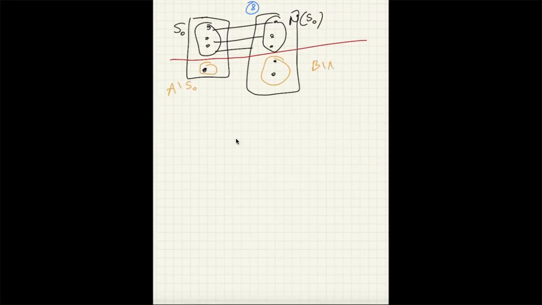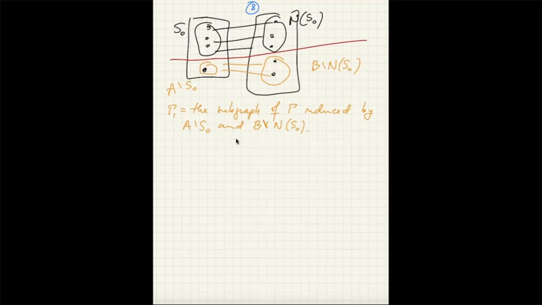This is B minus NS0. And we're looking at what happens in this graph at the bottom. So gamma 1 is the subgraph of gamma induced by A minus S0 and B minus NS0.